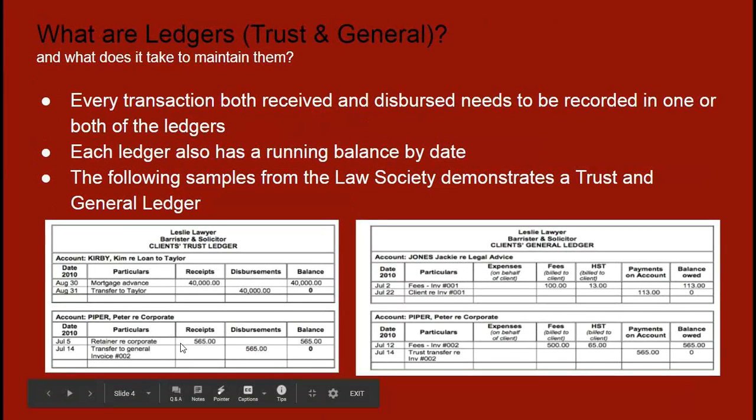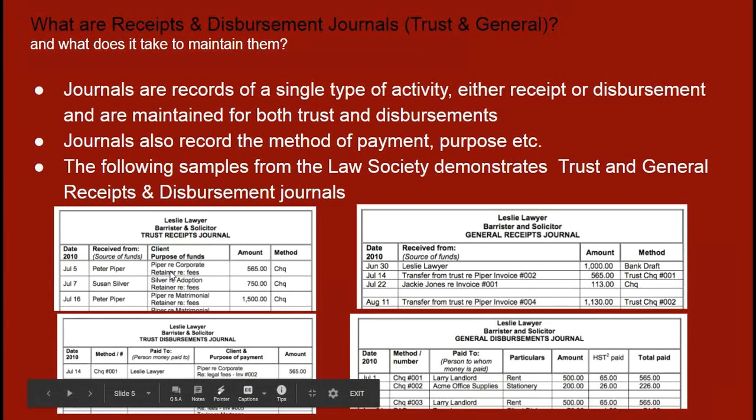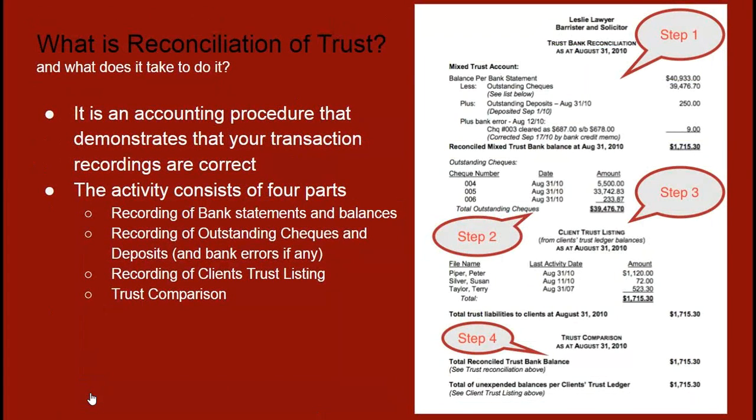You have 1 trust ledger, 2 general ledger, 3 trust receipts journal, 4 trust disbursements journal, 5 general receipts journal, and 6 general disbursements journal. So far we have accounted for 6 documents that may be in play. If you have no trust account, no transactions in the trust account, of course, now it's going to drastically reduce to 3.